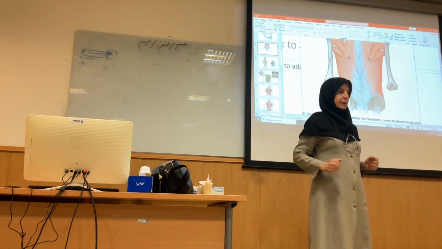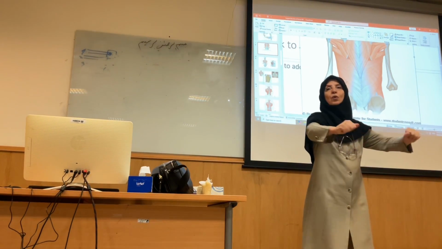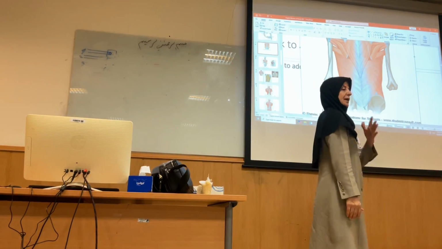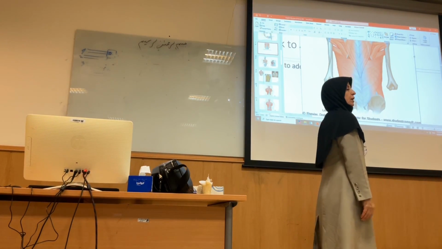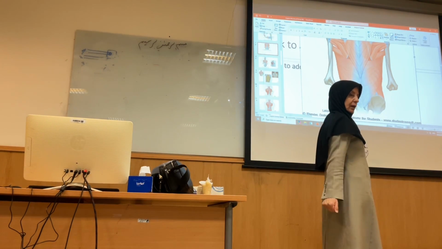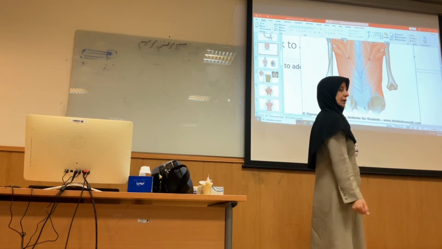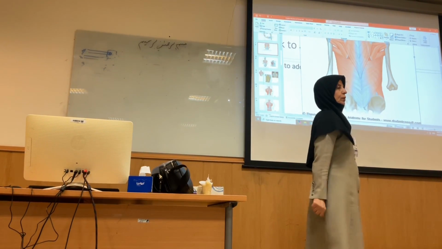In this position, the latissimus dorsi is so active. One of the functions is extension, adduction, and medial rotation. Extension, adduction, and medial rotation.